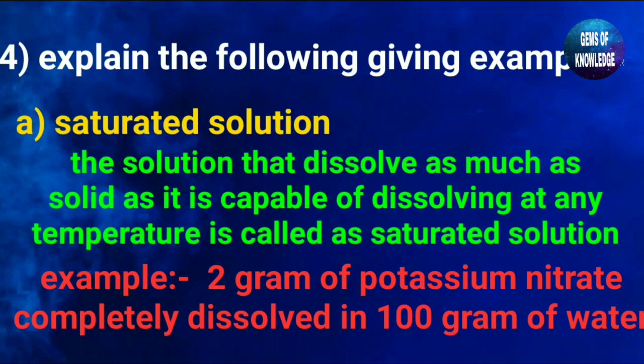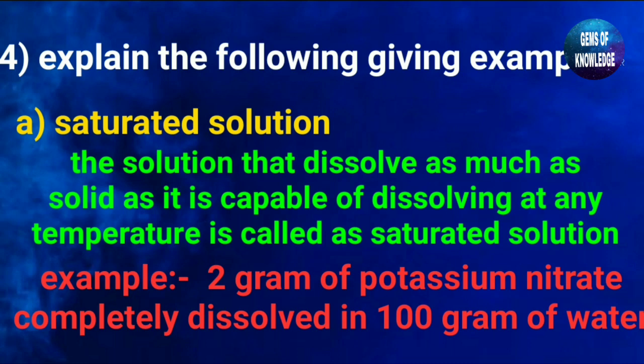So what is saturated solution? The solution that dissolves as much solid as it is capable of dissolving at any temperature is called a saturated solution. It is a type of solution which can dissolve the solid or solute at a particular temperature.